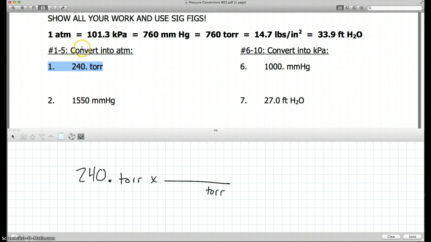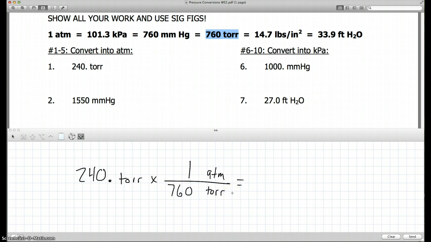In this case, I'm trying to convert that into atmospheres, so I'm going to put ATM on top. Then I go up to my equality, and in front of atmosphere I've got a 1, so I put a 1 here. In front of torr, I've got 760, so I put a 760 here.